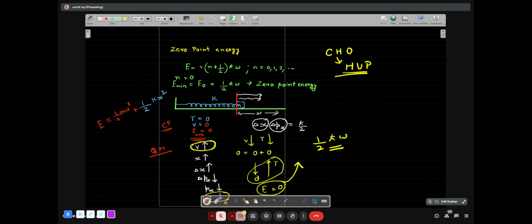If you are talking of a classical particle, its position and momentum both can be measured simultaneously and accurately. But in case of a microscopic particle, which is bound to follow the uncertainty principle, both potential energy and kinetic energy can never be simultaneously zero, and that is why the minimum energy can never be zero. The minimum energy has a value half h cut omega, and that minimum energy is known as zero point energy.